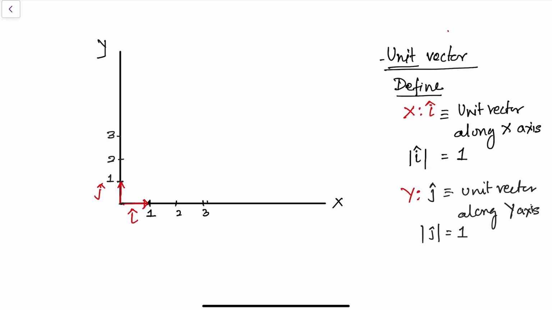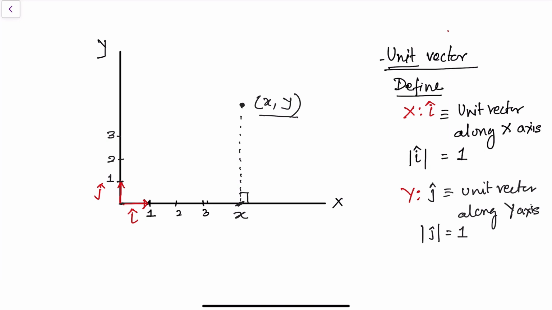Fine. Now suppose we have a point here which has coordinate x comma y. Is that clear? Now if I drop a perpendicular on the x-axis and it intersects the x-axis at this point, then if this point has coordinate x comma y, obviously this point has coordinate x.